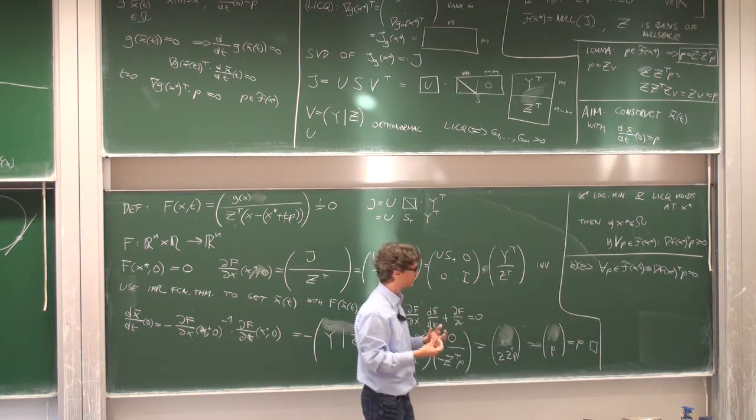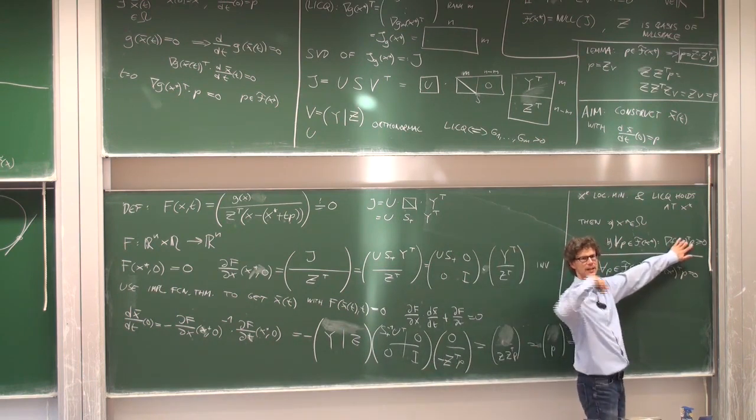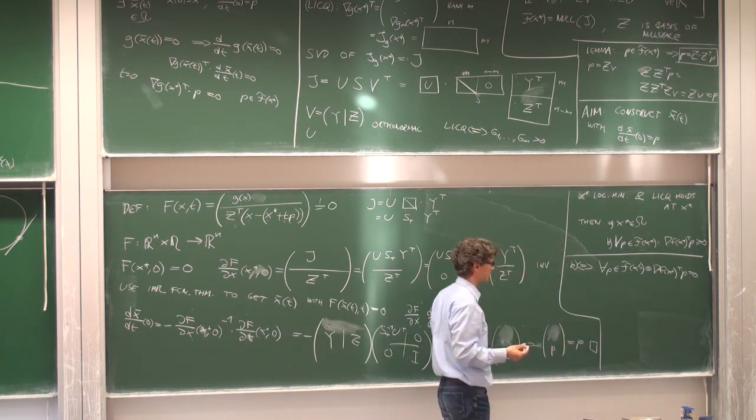So if there is any non-zero positive component, then we could just take the negative p, and then we would have already a descent direction, and so that cannot be.